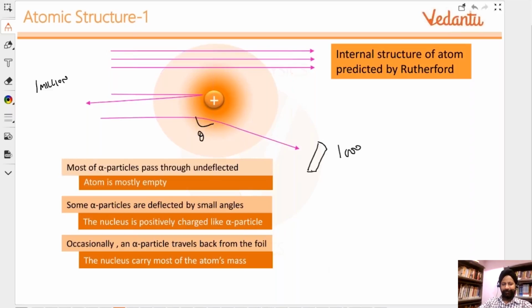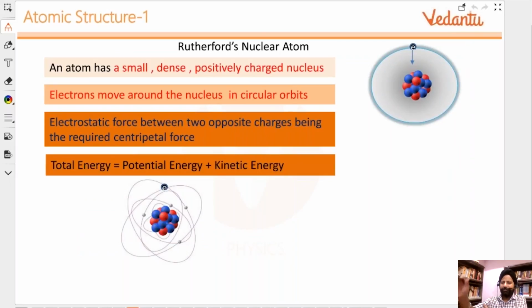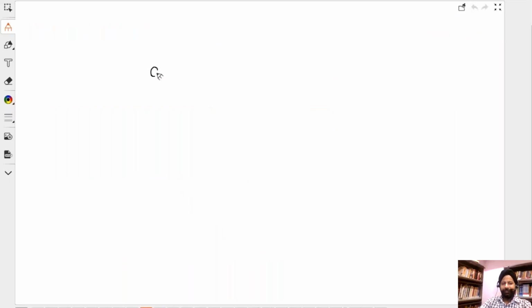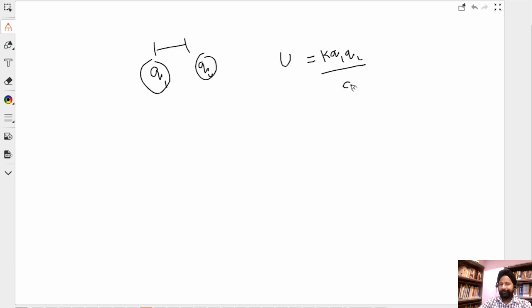Okay. So now total energy is potential plus kinetic energy. What is potential energy here? Potential is because of, remember, the Coulomb's energy. So two charges Q1 and Q2 at a distance of d have a potential energy of k q1 q2 by the distance, right? The distance is d.